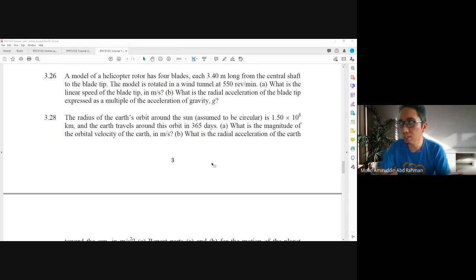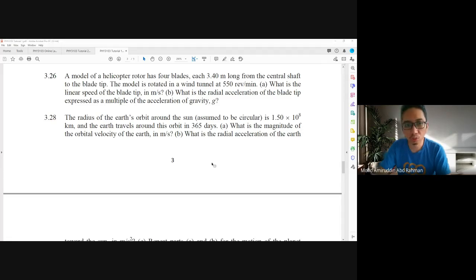And then, what is the radial acceleration of the blade tip expressed as a multiple of the acceleration of gravity G? The formula is V squared over R, where R is the radius.